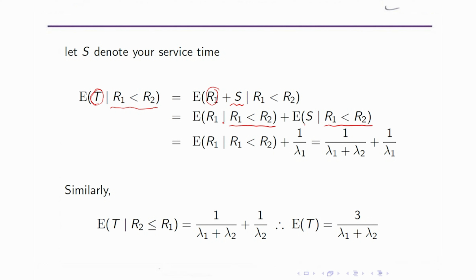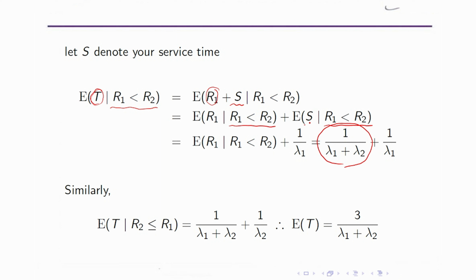And for R1 given R1 less than R2, the expectation is actually 1 over lambda 1 plus lambda 2. Why is that? We will see that very soon. And expectation of S given R1 less than R2, that means the first clerk is going to service you.